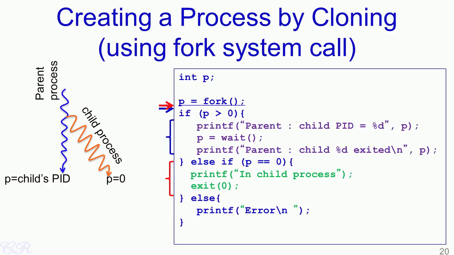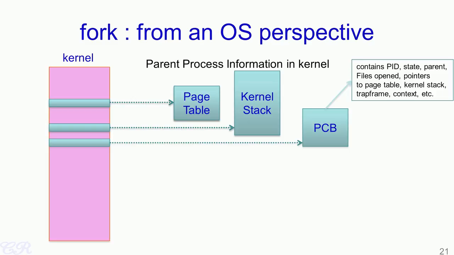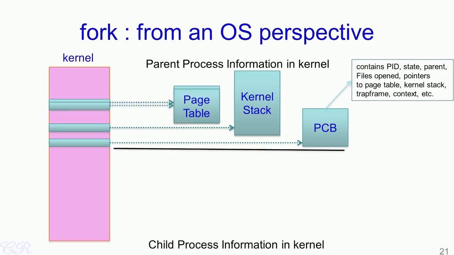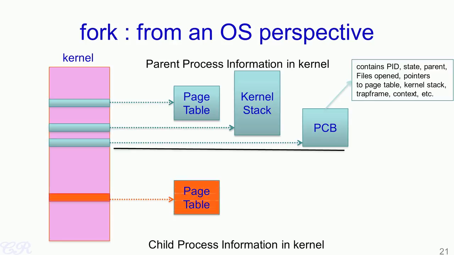Now, let us see how this fork system call works inside the operating system. So, as we mentioned before, each process has 3 metadata stored in the kernel. So, one is the page table, second is the kernel stack, and third is an entry in the proc structure which is the process control block, PCB. So, when the fork system call executes, a copy of the page table is made.